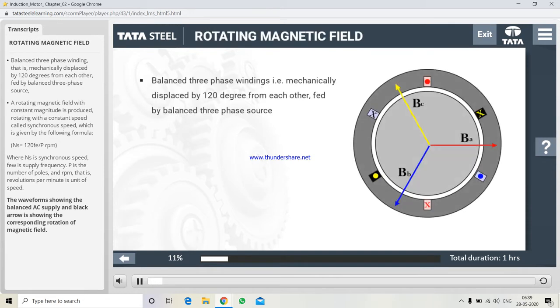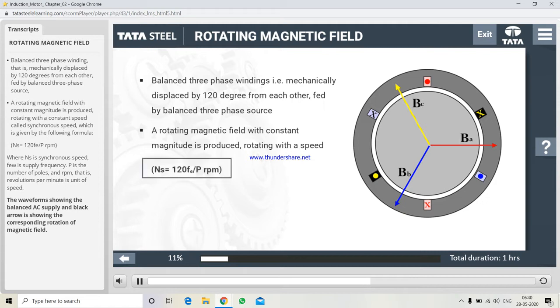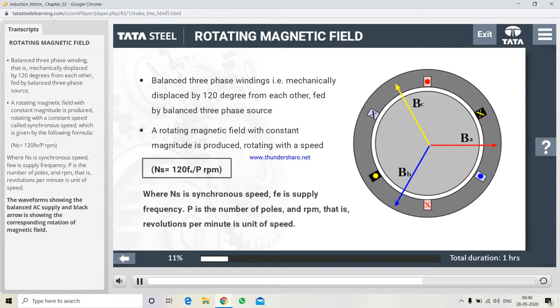Balanced three-phase winding that is mechanically displaced by 120 degrees from each other, fed by balanced three-phase source, a rotating magnetic field with constant magnitude is produced, rotating with a constant speed called synchronous speed, which is given by the following formula: Ns equals 120 Fe upon P rpm, where Ns is synchronous speed, Fe is supply frequency, P is the number of poles, and rpm, that is revolutions per minute, is unit of speed.